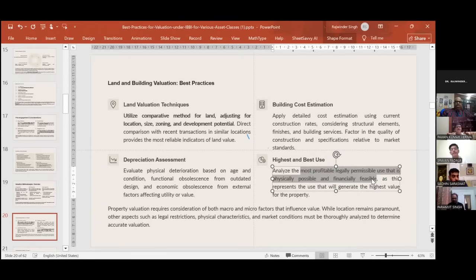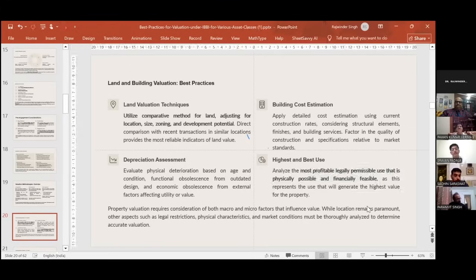So four things are important for highest and best use. First, it should be most profitable. It should be legally permissible, legally allowable, it should be physically possible, and it should be financially feasible. These represent the use that will generate the highest value for the property. For land and building values, they must follow these four things.